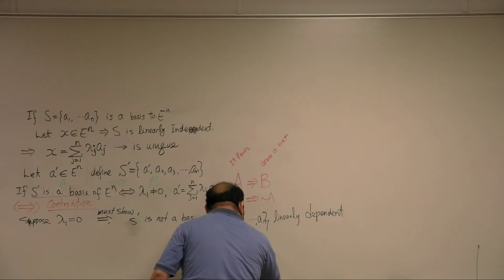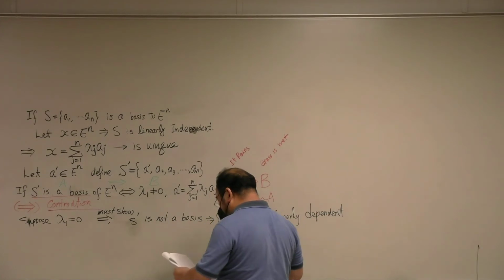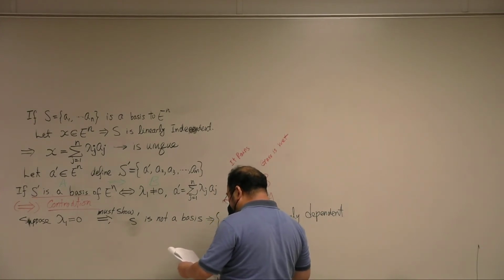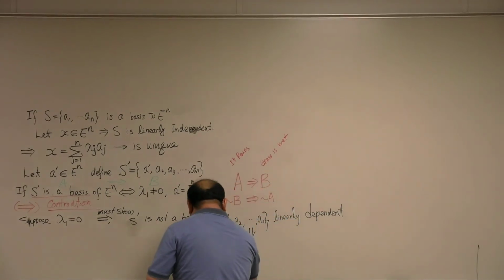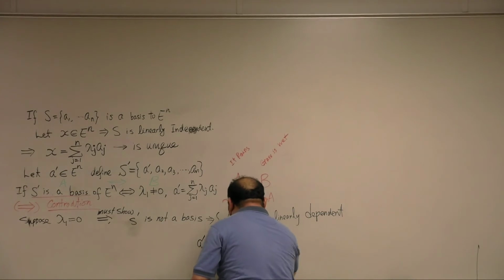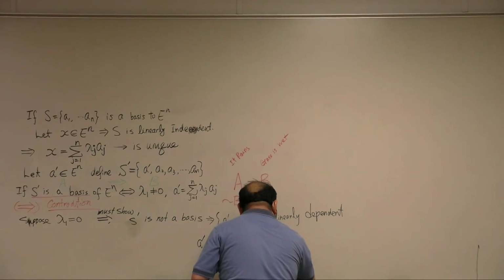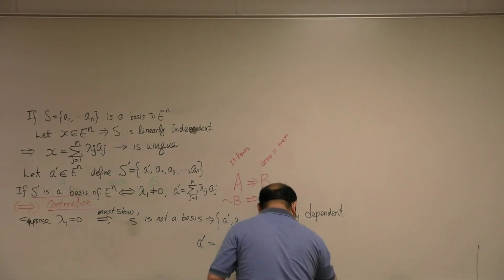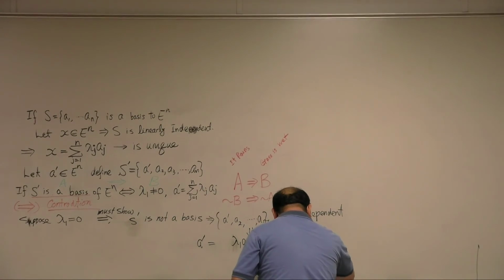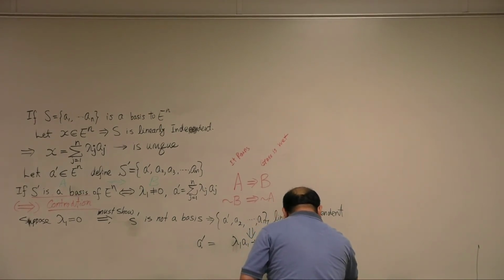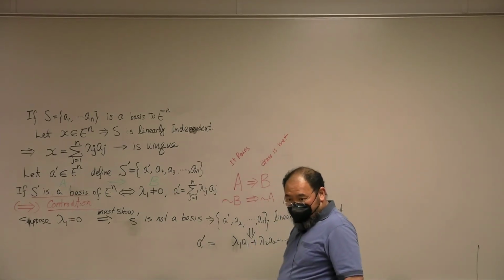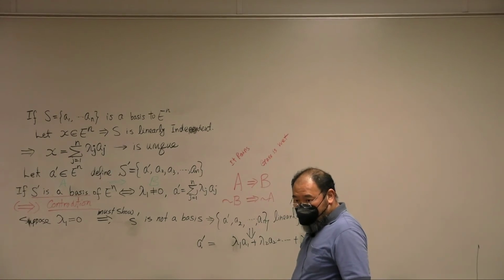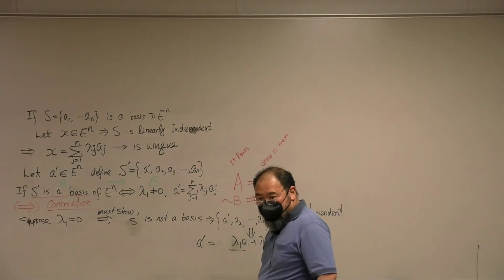Lambda 1 times A prime, A1, A prime equals lambda 2 times A2 plus all the way to lambda n times An. Everybody okay? And this guy is not 0.